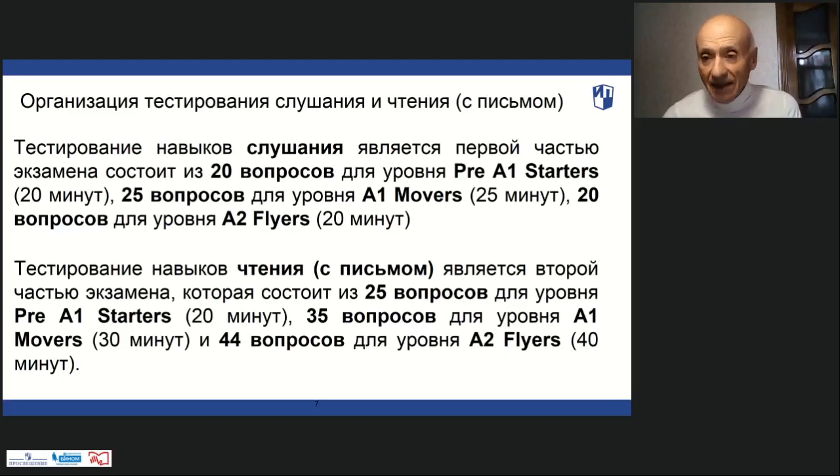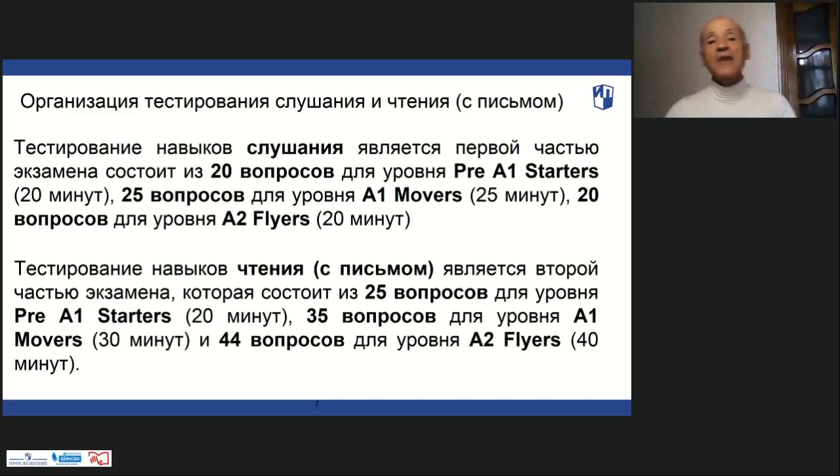Testing reading together with writing is the second part of the exam, which consists of 25 questions for the level Pre-A1 Starters, 20 minutes, 35 questions for A1 Movers, 30 minutes, and 44 questions for A2 Flyers, again, 40 minutes.